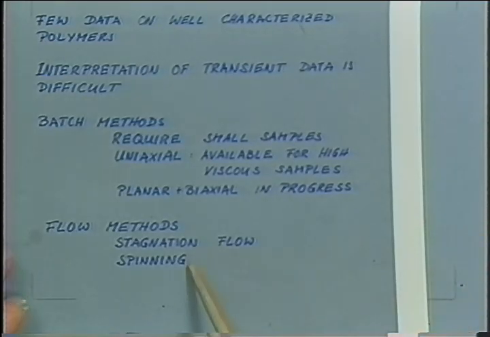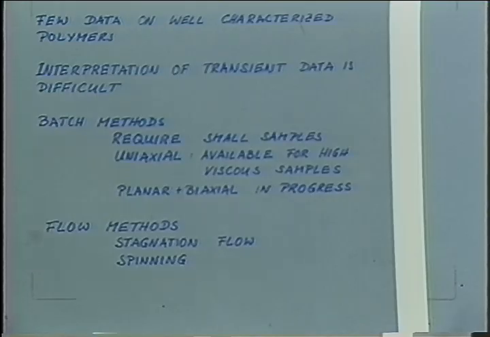Flow into a contraction is also used sometimes to extract some information on extensional flow. For instance, the data you get in a capillary rheometer, after having done the Bagley correction and separating into a shear contribution and an entrance pressure loss.